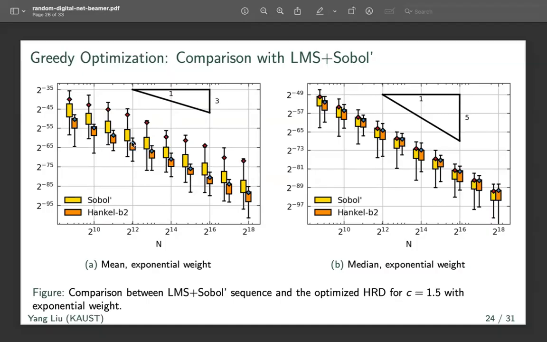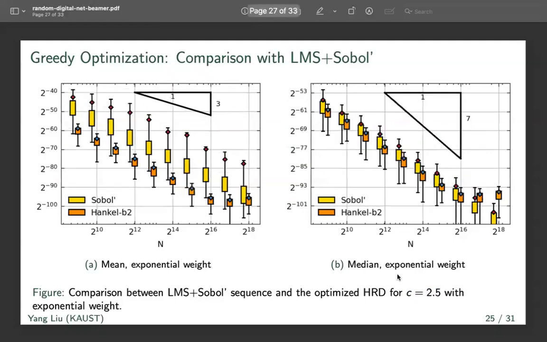So we see that in this case, the greedy optimized Hankel design is substantially better than the linear matrix scrambled Sobol sequence, even in this mean estimator. This is for c equals 1.5. And if we increase this c, that is, we increase the smoothness, we observe even more advantages from this greedy optimized Hankel random design.